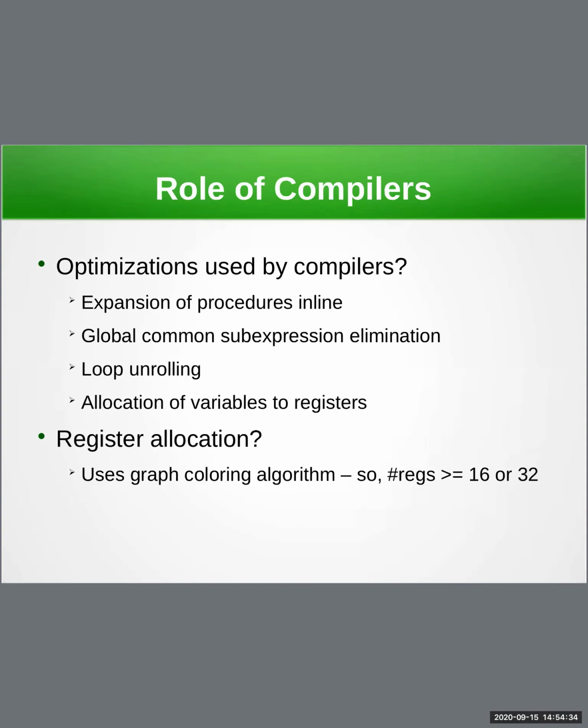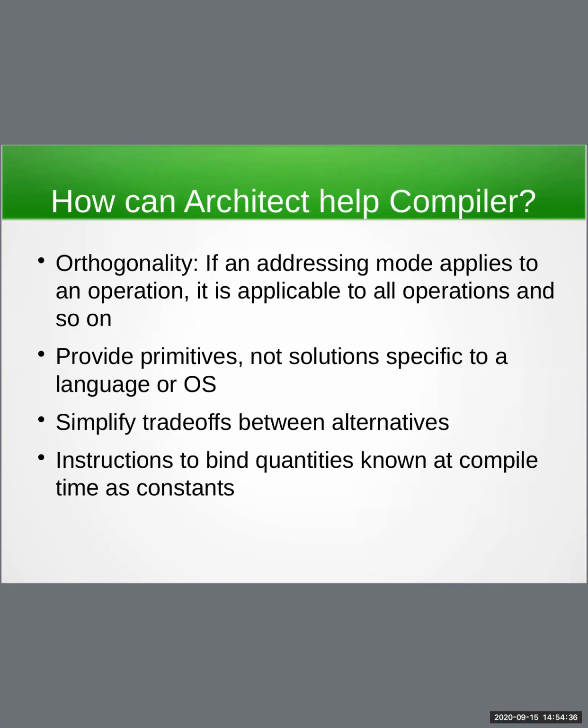So what can the architect do to help the compiler? One of the things that is strongly recommended is what is called orthogonal operations or orthogonal behavior. So what do we mean by that? Supposing an addressing mode applies to a particular operation, it should apply to all operations.